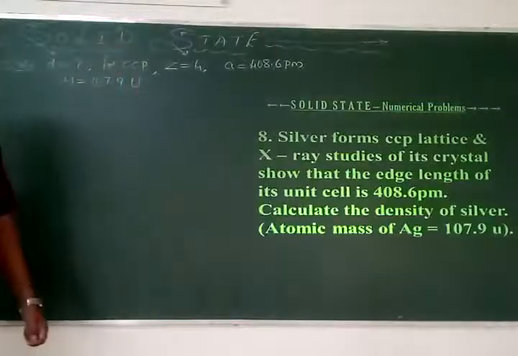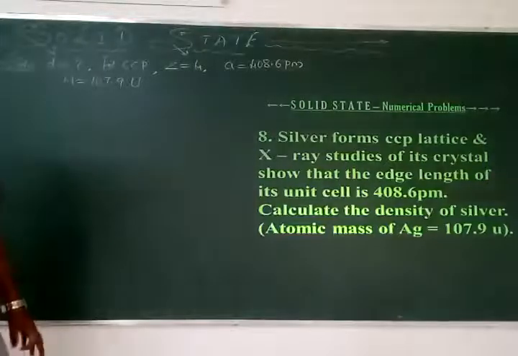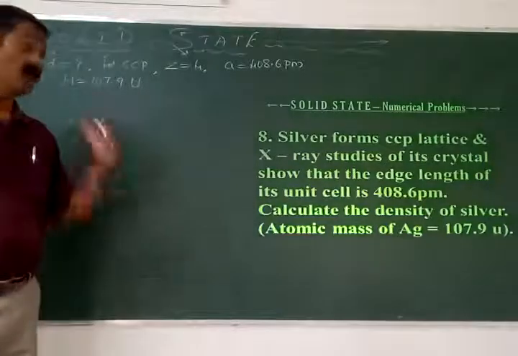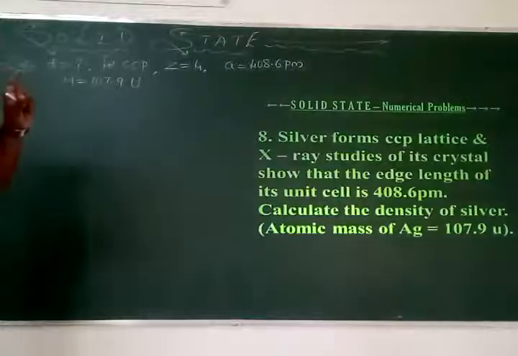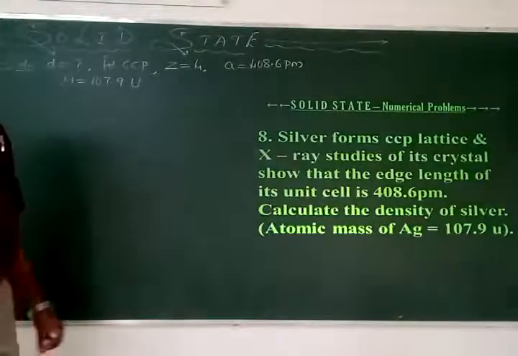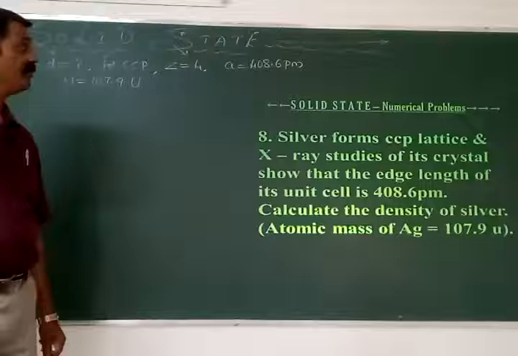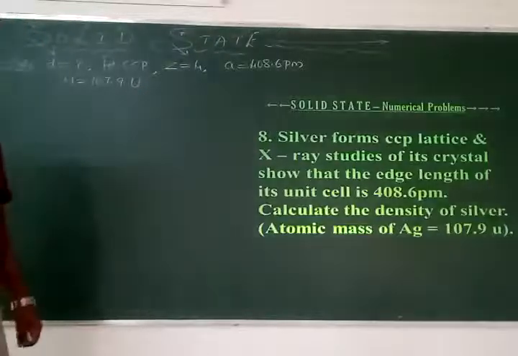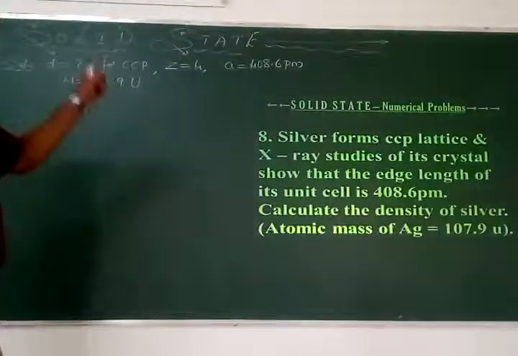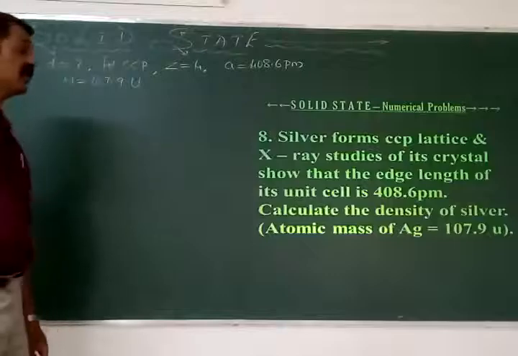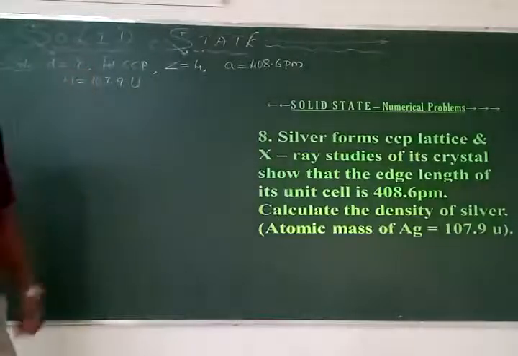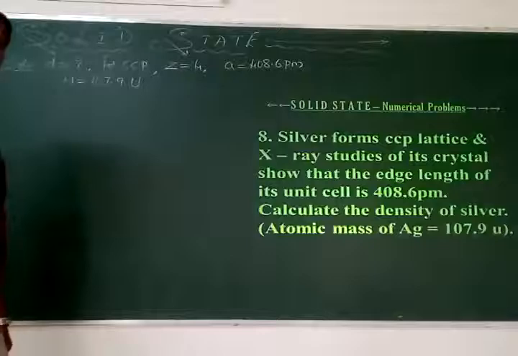u is also called unified mass, gram per mole or atomic mass unit, whatever it may be. As atomic masses are usually in gram per mole, here also we have to consider that. The edge length has to be converted, because density is gram per cm cube, or if it is SI unit it is kg per meter cube.